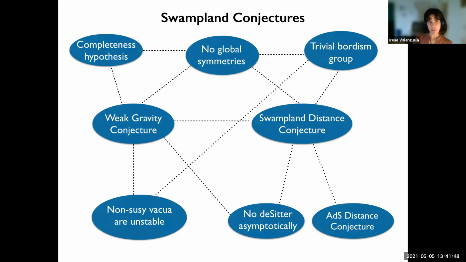So this is the map of the Swampland conjectures that are most important right now and that I will explain in the talk. You can think of this as my outline, in the sense that the goal will be to navigate this web of conjectures with you, explaining what they are, what the evidence is, and the recent developments that have appeared in this respect.